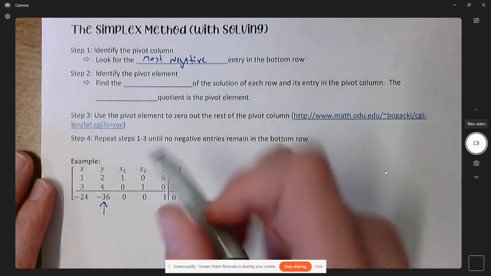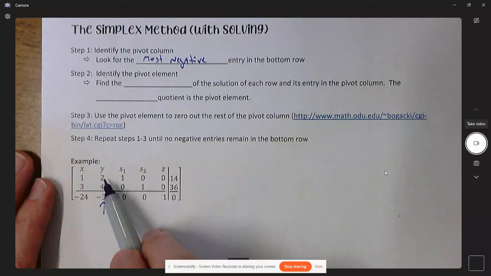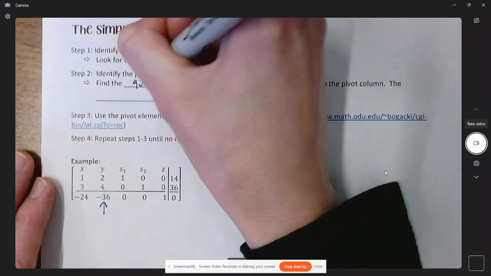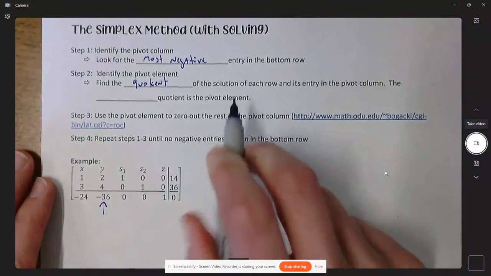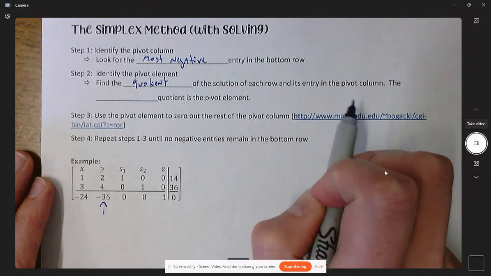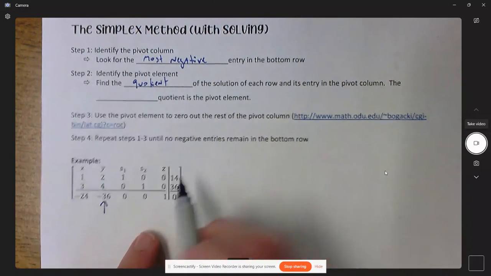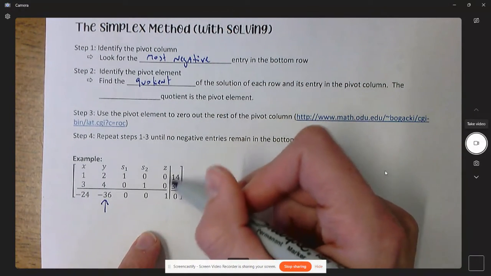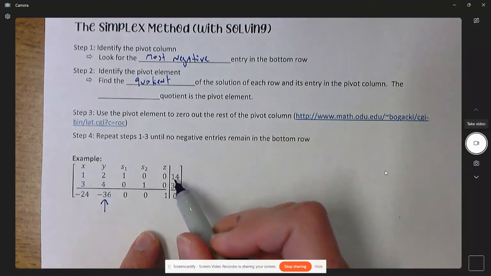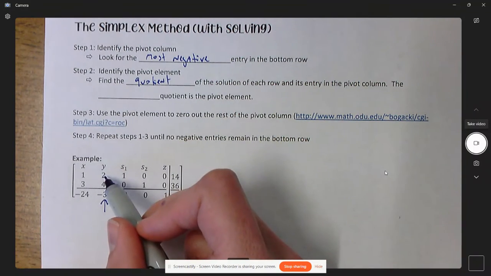So the next thing that we have to do is identify the pivot element. Are we going to try to make this R1 or are we going to try to make this R1? How you're going to do that is you find the quotient of the solution of each row and its entry in that pivot column. For this particular example, these are the solutions for the row, and we're going to divide the solution by the entry in that column.